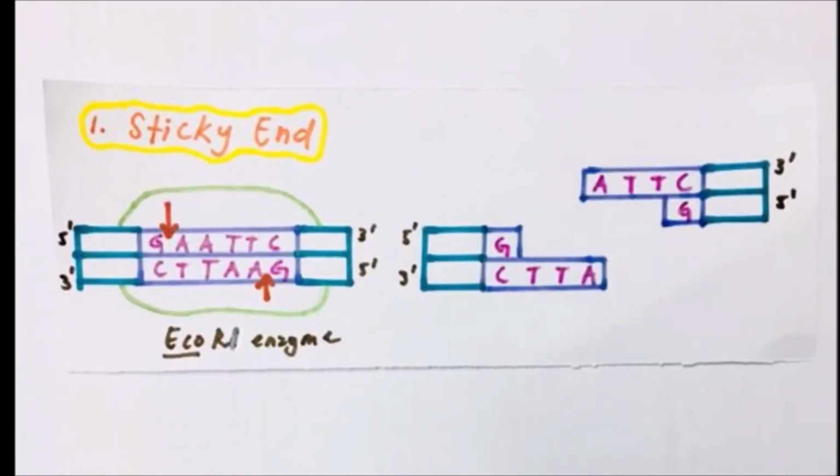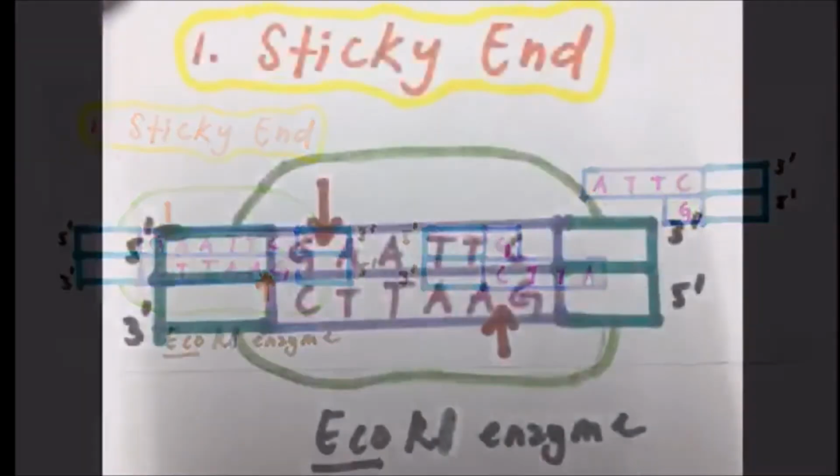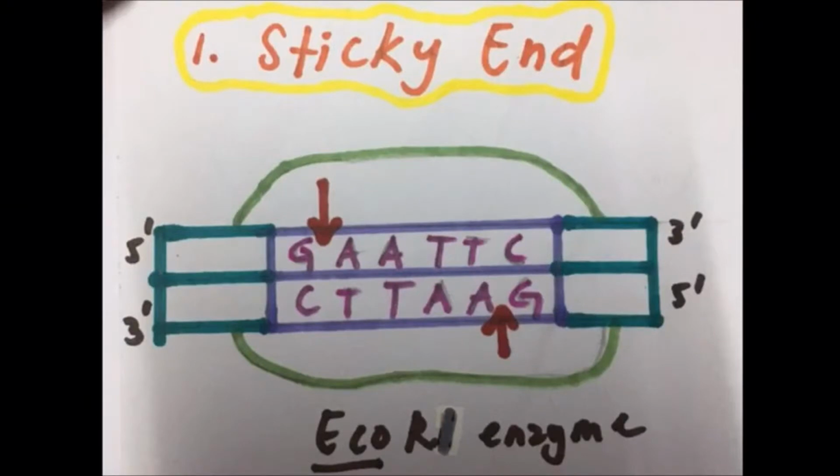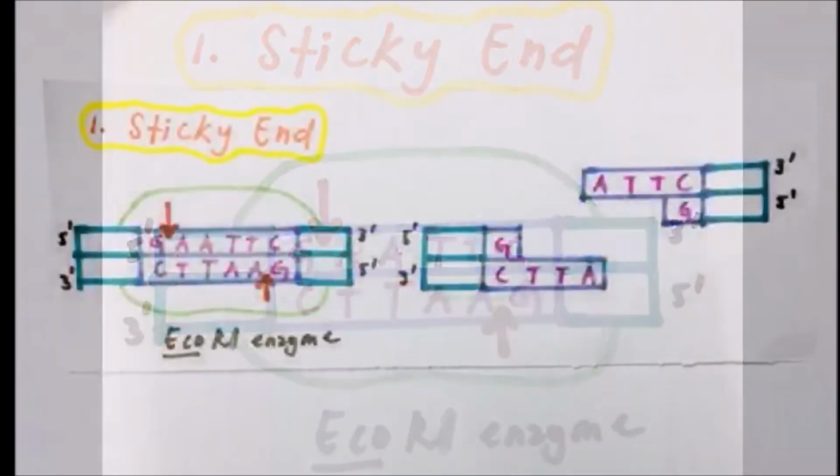For the first pattern, which is sticky end, also called cohesive end or staggered end, let's consider EcoRI, a common restriction enzyme used in labs. EcoRI cuts at the following sites: 5' GAATTC 3', 3' CTTAAG 5'.